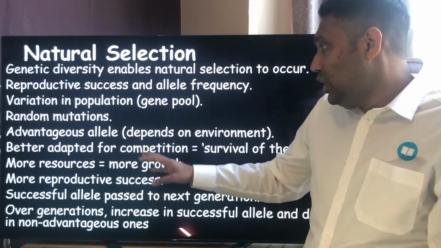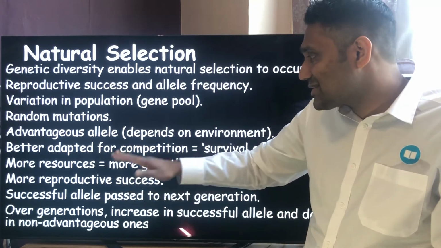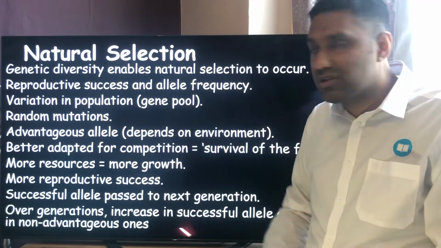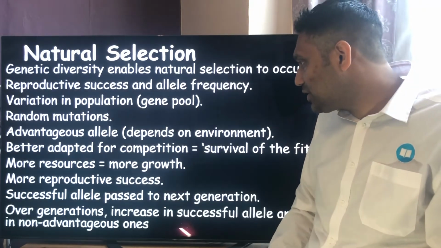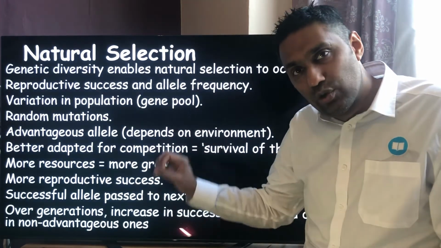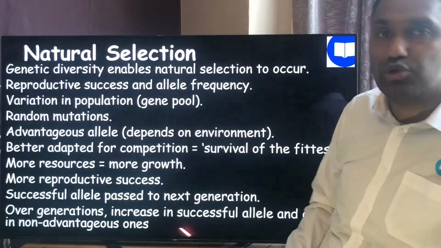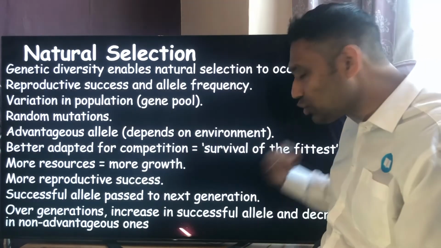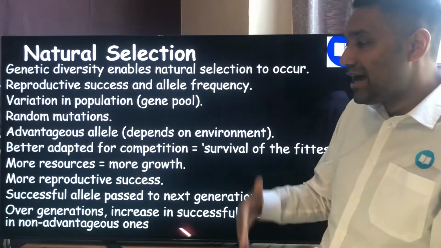So you find the opposite sex, it increases your success for reproduction, so you get more reproductive success, okay? You get more sexual reproduction, therefore that successful allele, if it's in the gametes, will get passed down to the next generation, so your children have it. And then if your children are successful, they will pass it on to the next generation, and so on.